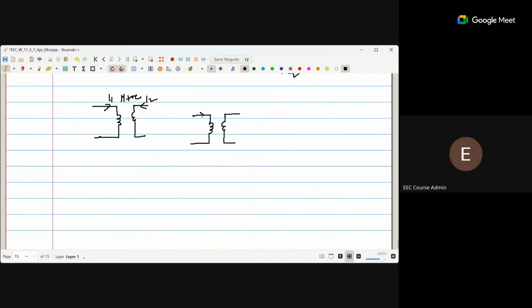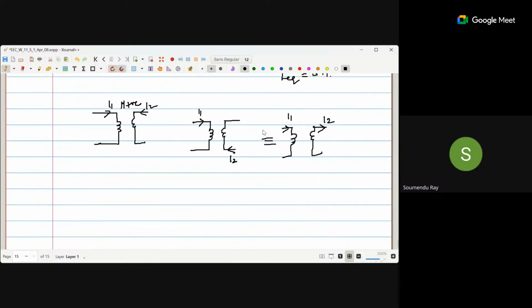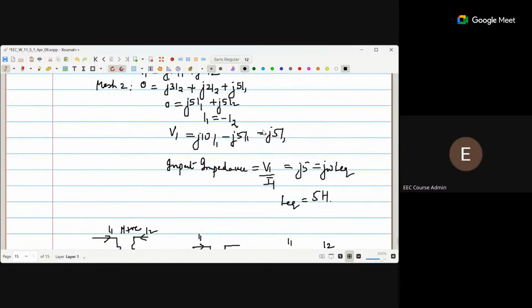One is like this, I1, and the other is I2 from this side. Or it will be like this. Correct? Okay. So when I2 is leaving, then M is negative.